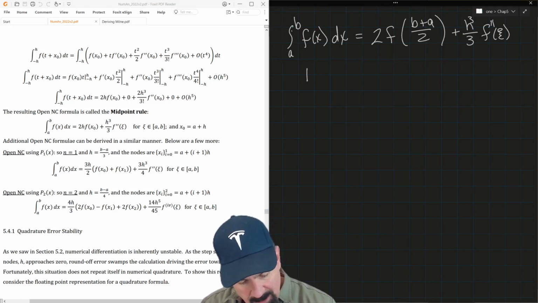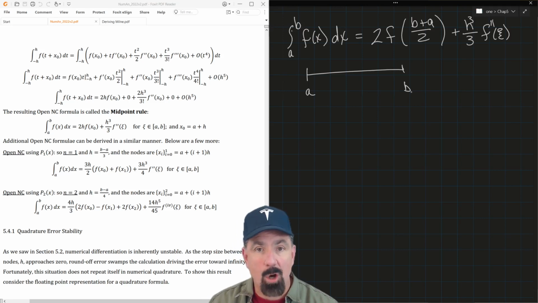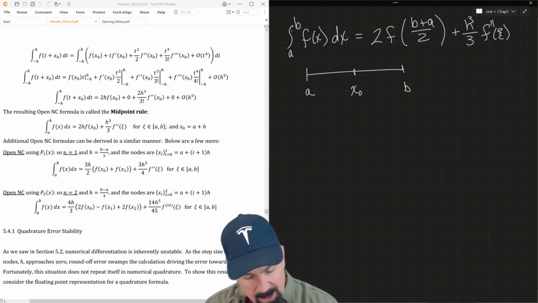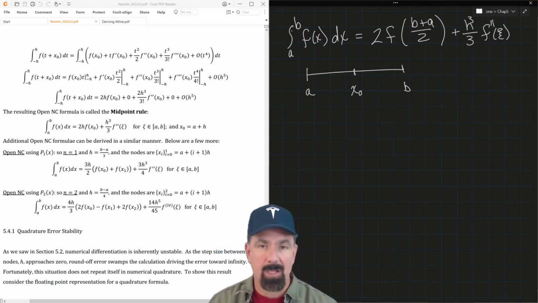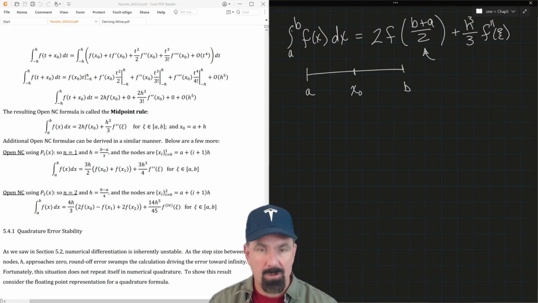I just want to lay out for you what we're looking at here. We have an interval a to b, but because it's open Newton-Cotes, we've selected only a single node that is in the middle of the interval. That's the midpoint of the interval that we're using. And our interpolating polynomial here is just going to be a constant function.